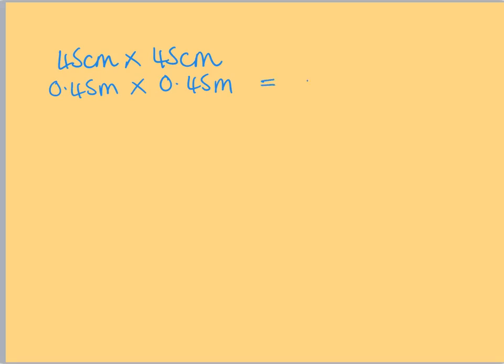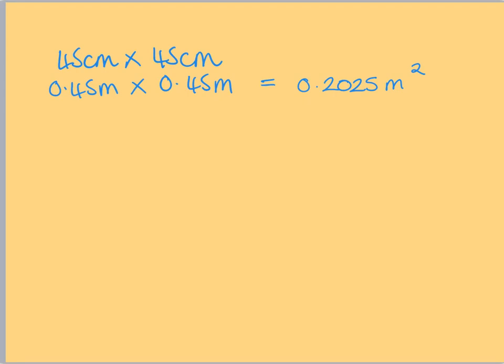The question told us that the quadrat was 45 centimetres by 45 centimetres, and you needed to change that straight away to metres. So 0.5 metres multiplied by 0.5 metres. And if you put that into the calculator, you find that your quadrat is 0.2025 metres squared.